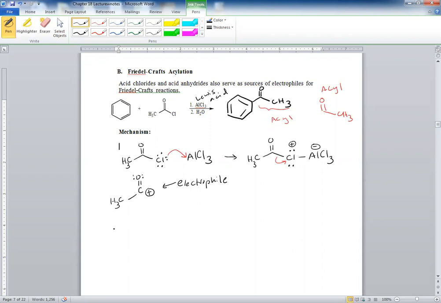So then the next step is you bring the benzene ring, as usual. You probably know the steps by now. And I'm going to just orient it this way.